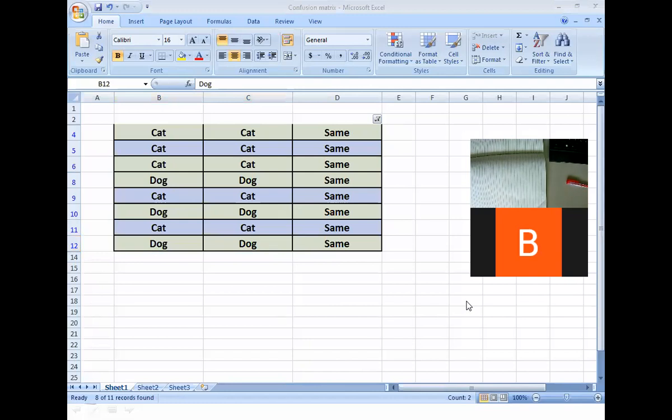Now the next one, that is the number of false positive. How can we calculate or write the formula for the number of false positive?